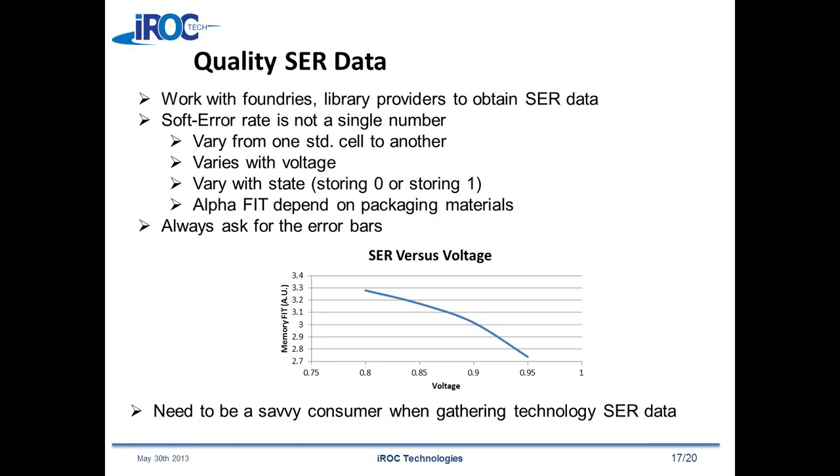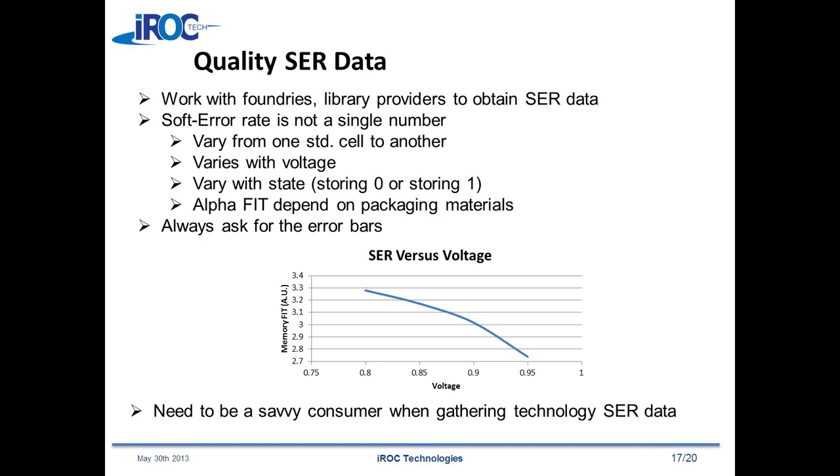You can think of it a little bit like timing data. You can't just ask your library provider, give me the one number that characterizes the timing of this gate. You need a whole characterization of the timing versus voltage versus load and other factors. And when we talk about alpha fit rates, it also gets quite complicated because we have to understand the emissivity in the packaging materials and also what the package looks like, and the space between the materials that are emitting the alphas and the actual sensitive area.